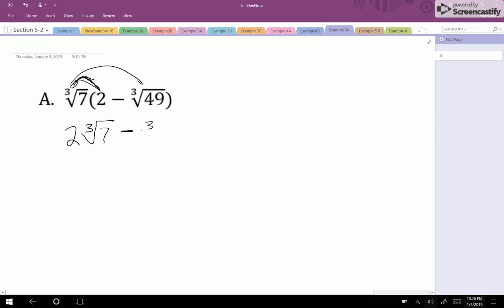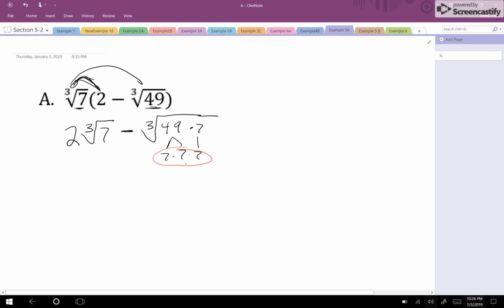And then here, both of these are cube roots, so I am just going to multiply what's inside. So 49 and 7. Then if I break apart my 49, I get 7 times 7 times 7, which means I have 3 7s.